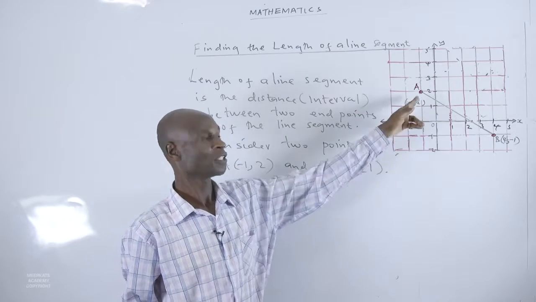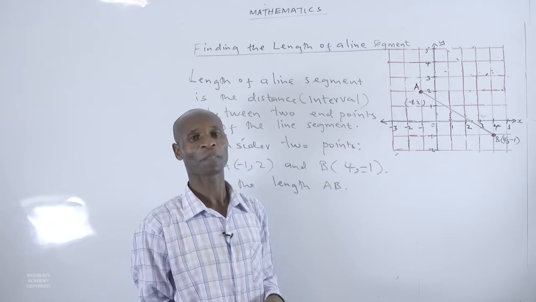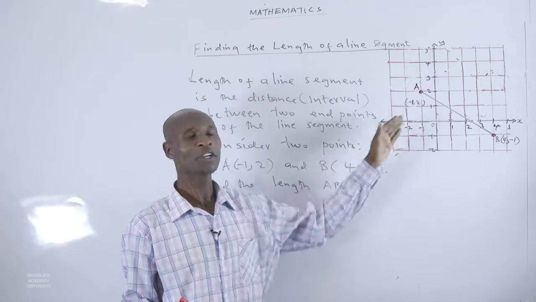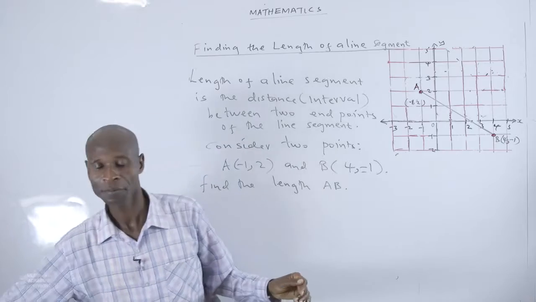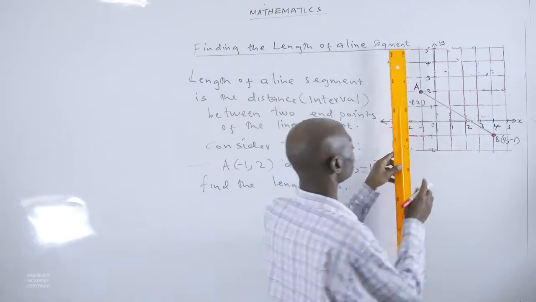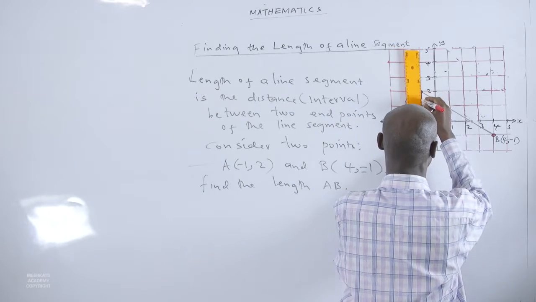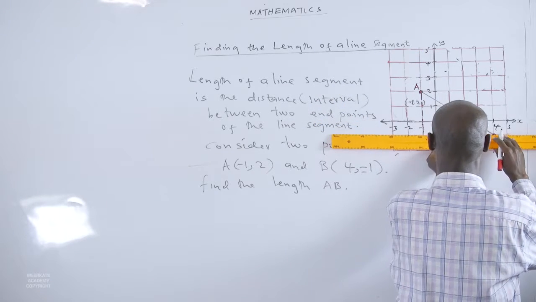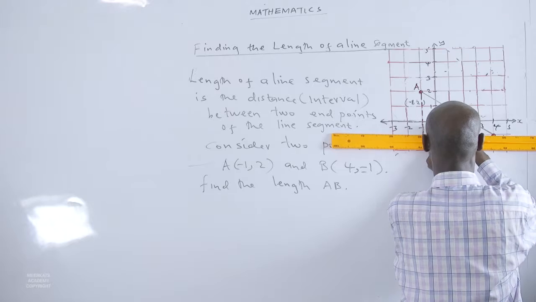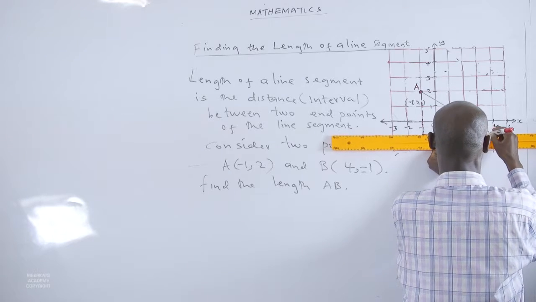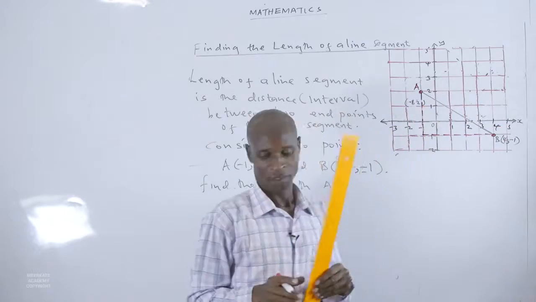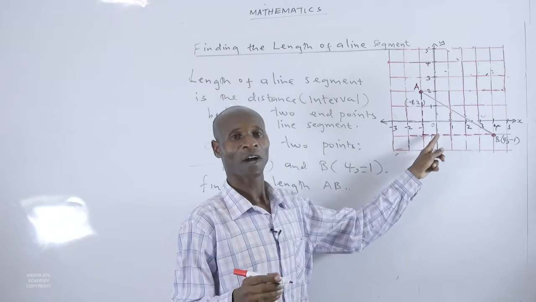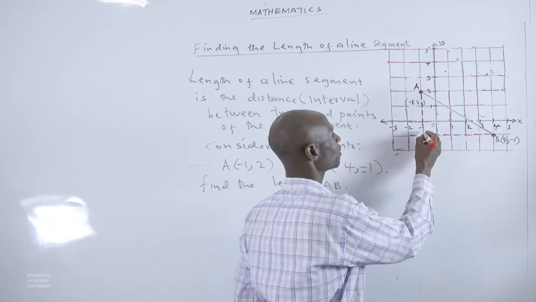You notice that to get this length A to B, we can introduce a right angle triangle. So the right angle triangle has been introduced.